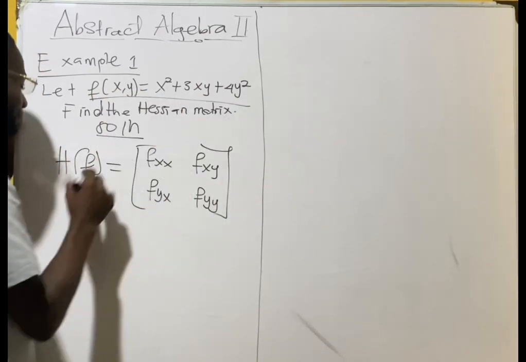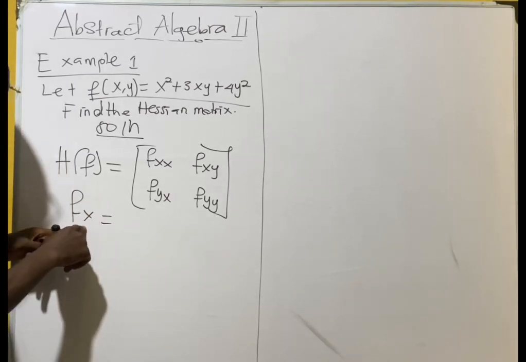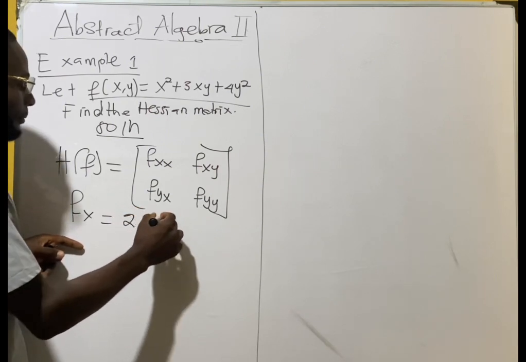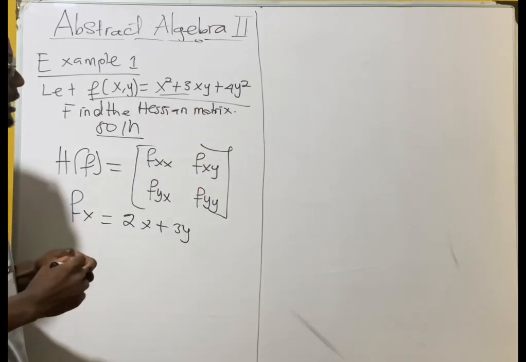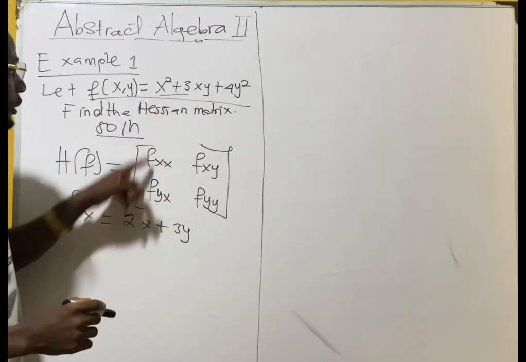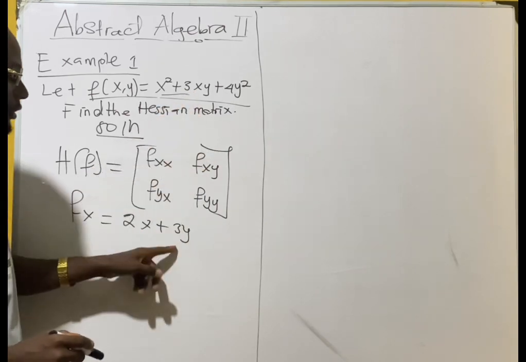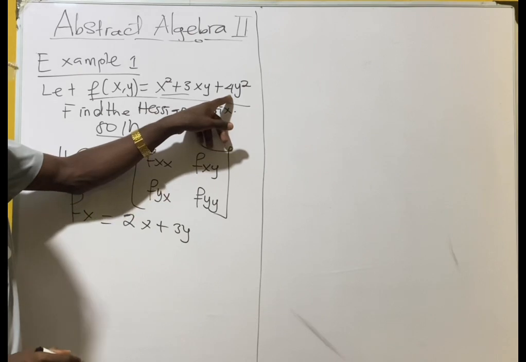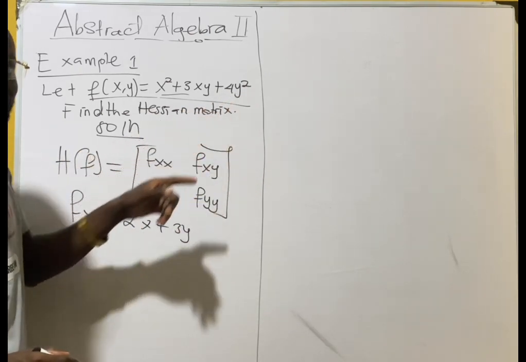From here, we know that our first derivative fx will be 2x plus 3y. We are differentiating with respect to x, so differentiating x squared we have 2x, differentiating 3xy we have 3y, and 4y squared is a constant with respect to x, which is 0.